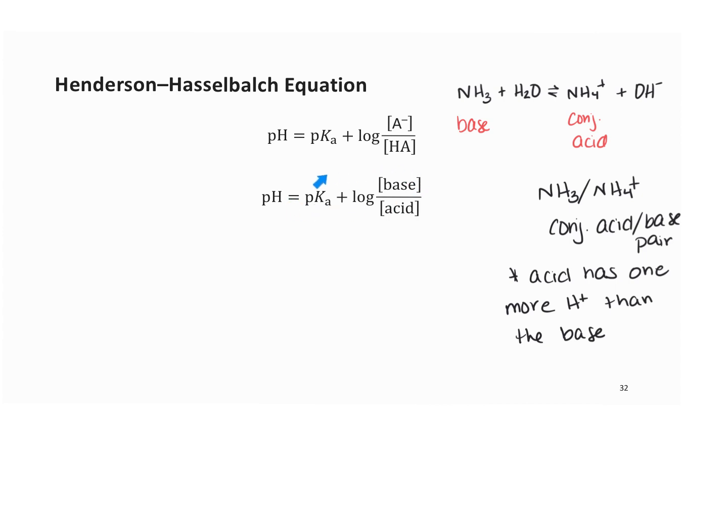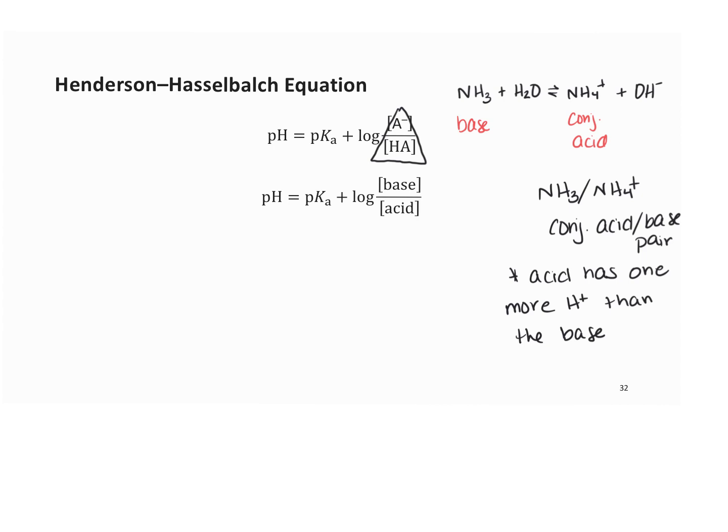I personally like this one the best because, first off, I get to add, and I like adding better than subtracting. It just seems more positive to me. The other thing I like is this kind of forms a triangle right here, and so it's easy for me to remember that the smaller space taker upper is going to be the base on the top because it has one fewer H plus. That's how I remember it. If that works for you, that's great, and if it doesn't, then I apologize.